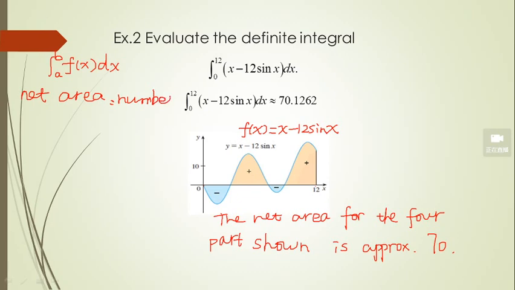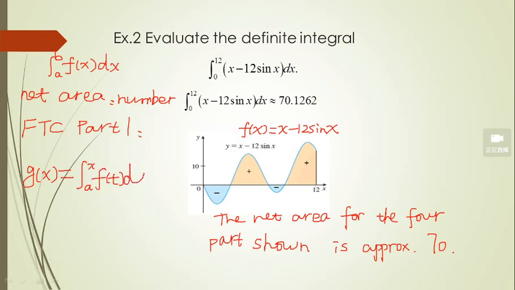And since we assigned some questions in the quiz, let me repeat FTC part 1. We define some other function we call g(x). The way we define g(x) is the integral from a to x of f(t) dt.